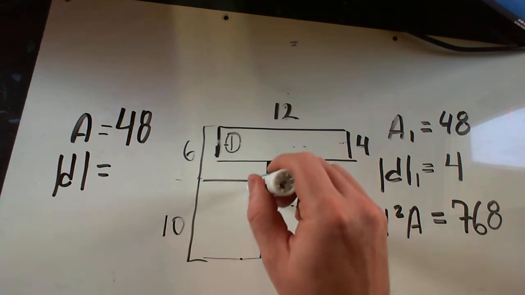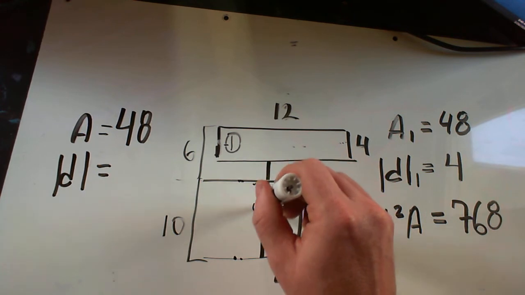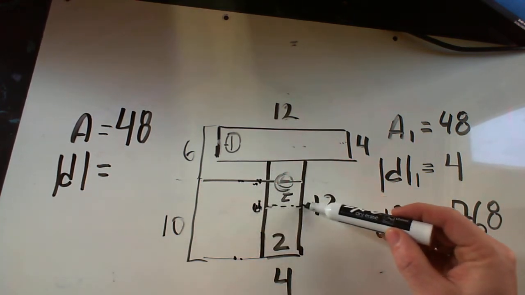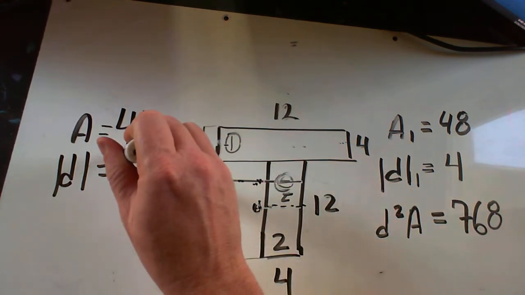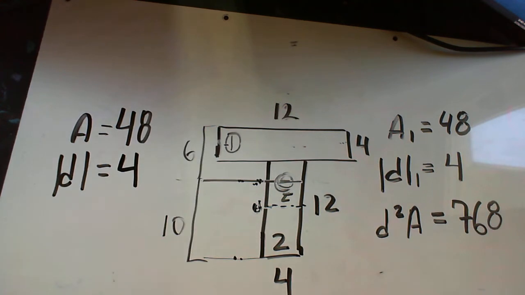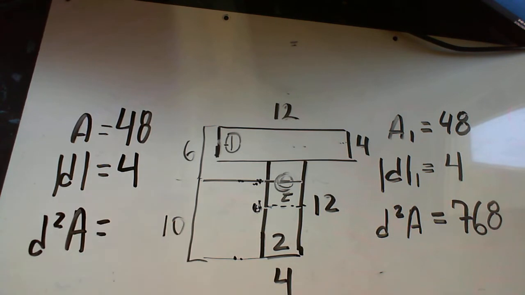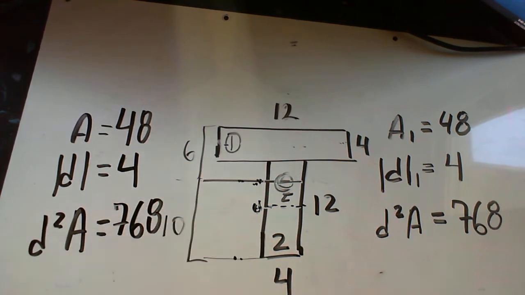The distance from the bottom to the actual centroid is 10, so that difference between where the centroid of shape 2 is and the centroid of the piece, that distance is 4. So our D squared A here is also going to be 768.